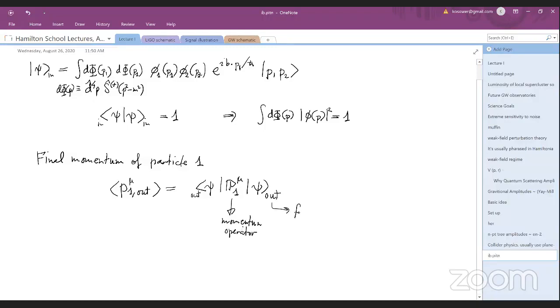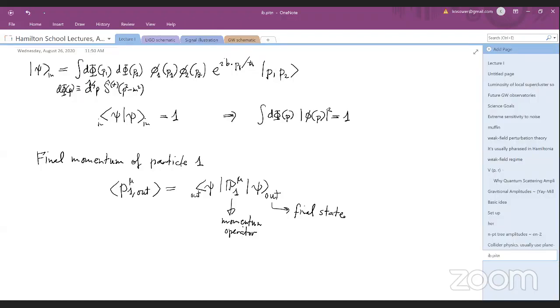But of course, given the initial state and given the knowledge of the theory, then we can write the outstate in terms of the evolution of the incoming state under the interactions that the theory gives us.